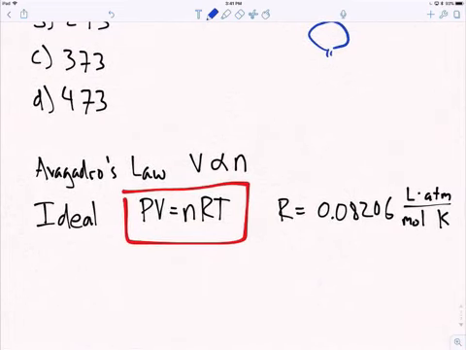R is actually two different constants. R is Avogadro's number times what's known as the Boltzmann constant. The Boltzmann constant deals with probability and distributions and statistics on a grand scale. So this equation is completely mathematically derived.